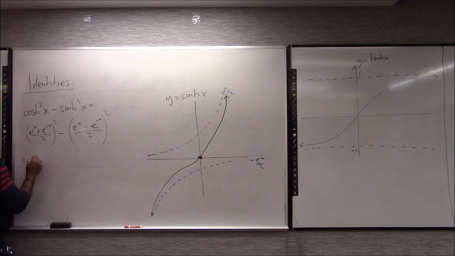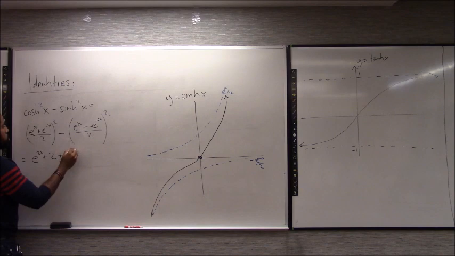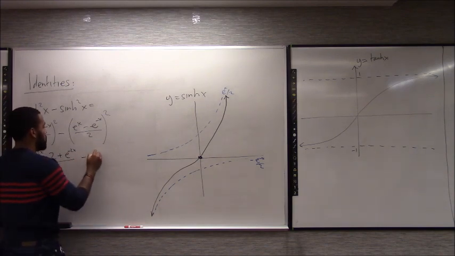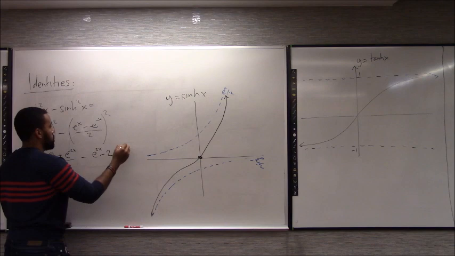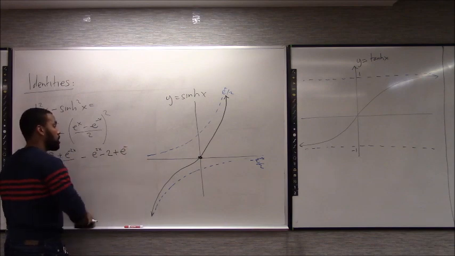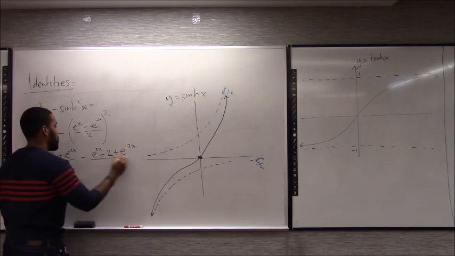This is going to be (e to the 2x plus 2 plus e to the minus 2x) all over 4 minus (e to the 2x minus 2 plus e to the minus 2x) over 4.